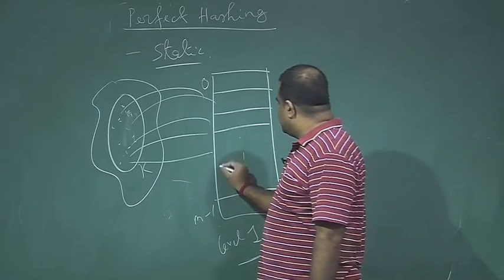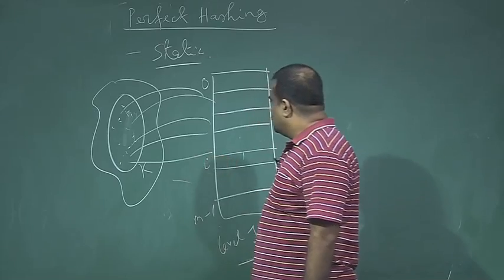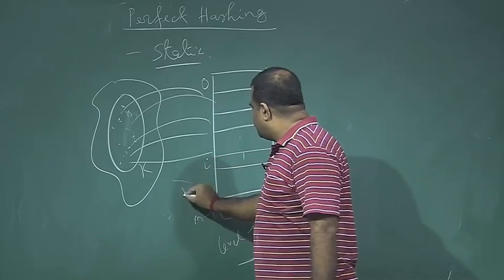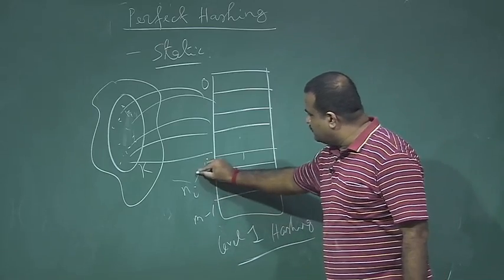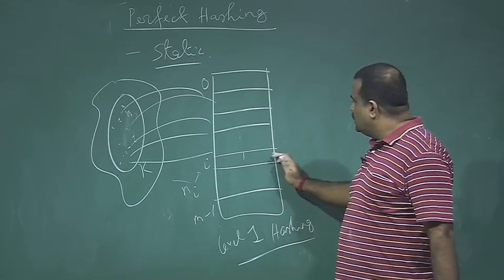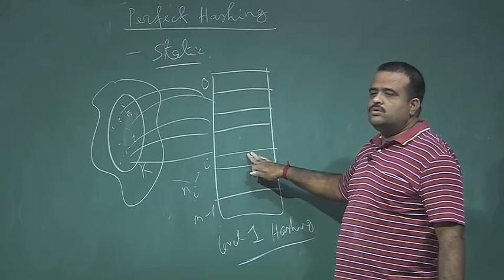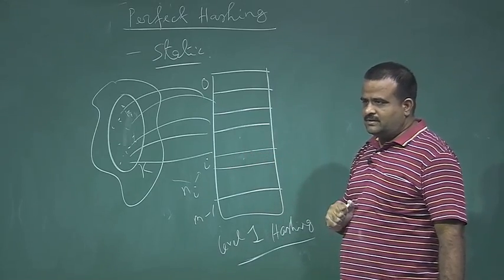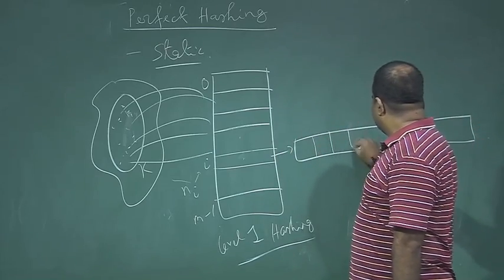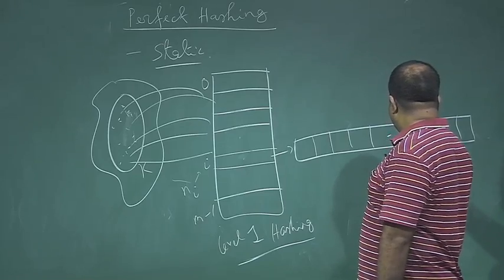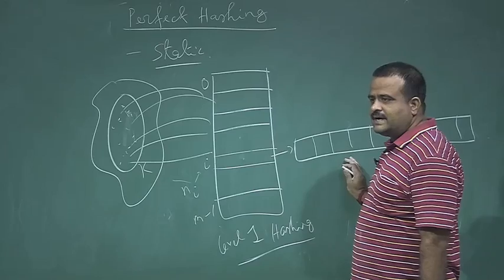Suppose at the ith slot, there are ni keys colliding. What will we do? We cannot store ni keys over here, so we go for a second level hash table. Here we will have a table whose size is ni square, if ni keys are colliding here, and this is the second level hash table.